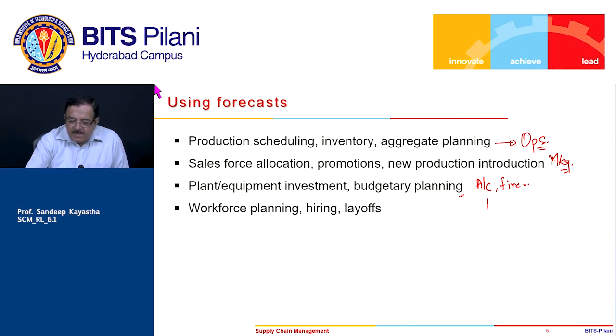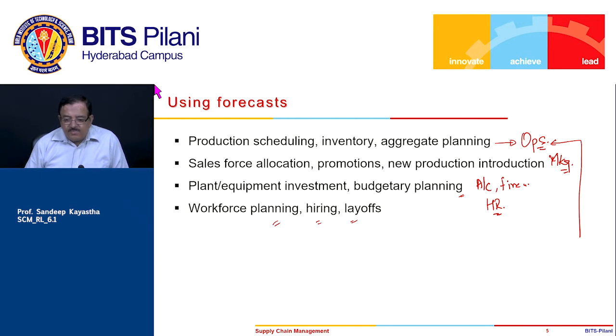And people in HR also require forecasts for production planning for new businesses, and this is used for workforce planning, hiring, layoffs, etc. Our focus in this chapter is on those forecasts which are primarily for production scheduling, inventory management, and aggregate planning.